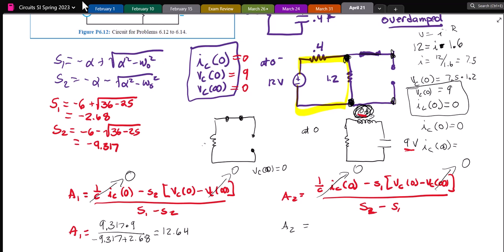And A2, minus S1 is 2.68 times VC of 0, which is 9, over S2, negative 9.317, minus S1, that becomes plus 2.68, and A2 becomes negative 3.634.